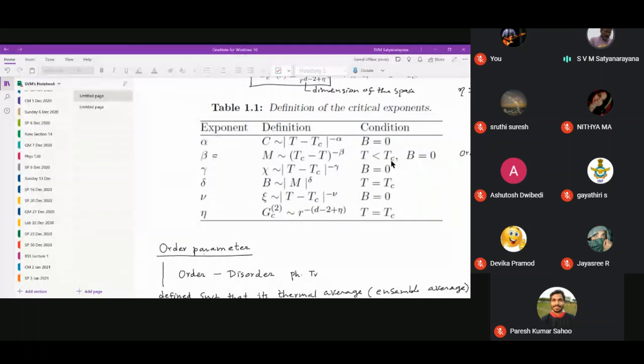That is what I have shown from mean field theory. Now we can ask what this gamma and this delta are, and so on. Some of them I will show you how to calculate from this mean field theory. In principle, you can calculate all the other things also. Let me just show you.